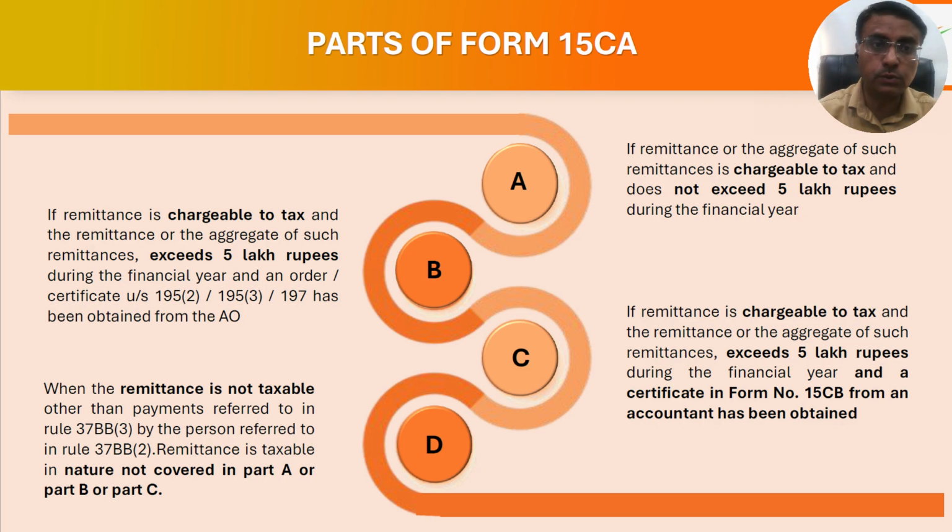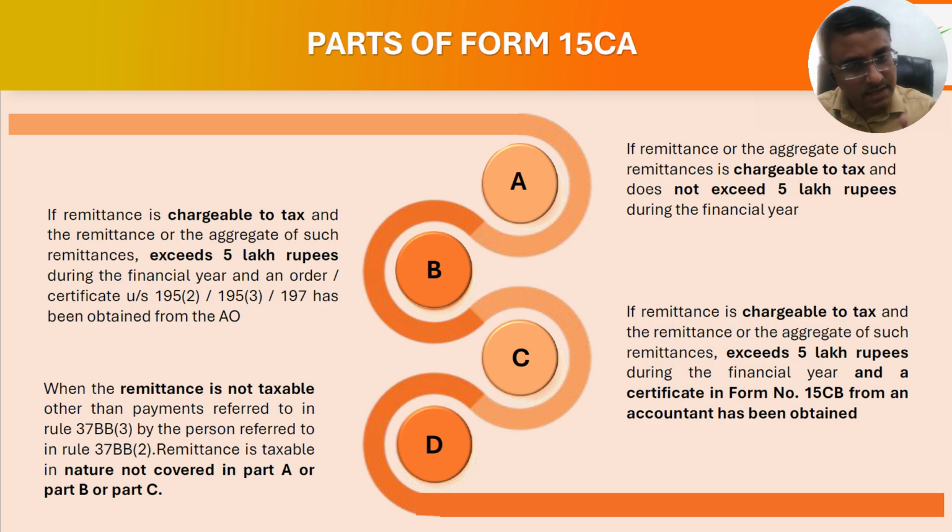When it is chargeable to tax and the amount is less than 5 lakh, then only Part A is applicable. Part B: chargeable to tax, amount is greater than 5 lakh, and you have a lower rate TDS deduction certificate, then Part B is applicable. So A and B both deal with chargeable to tax. If it is not chargeable to tax at all, then why would you need to fill Form 15CA?